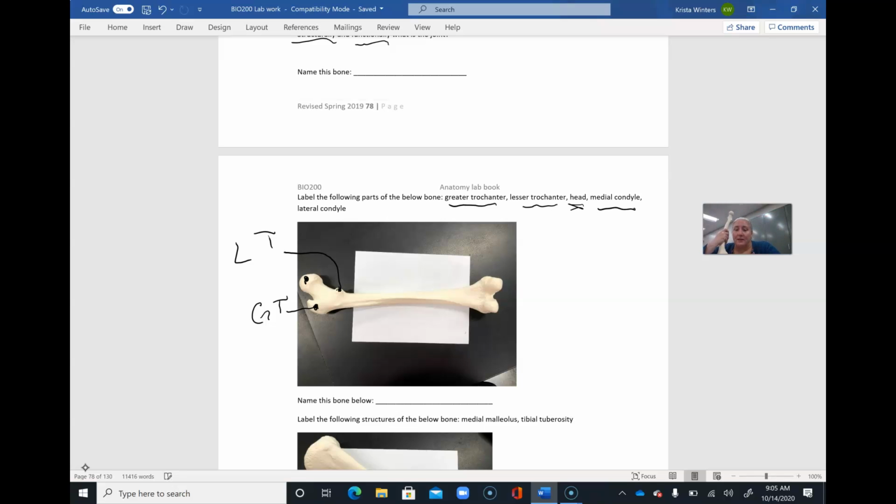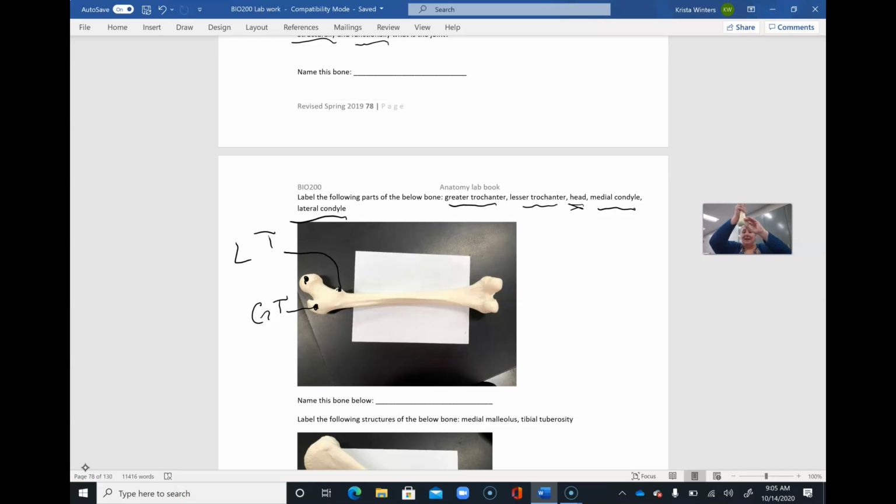The other two regions are the medial and lateral condyle. So again, this is the femur, and at the bottom we have a medial condyle here and a lateral condyle here. How do you know the difference between medial and lateral? Again, you're going to look for the head. So here's the head. So if I go straight down, the head is always pointing medially, goes into the body.